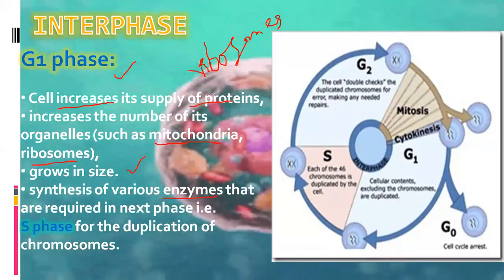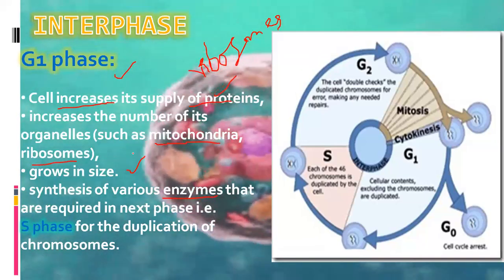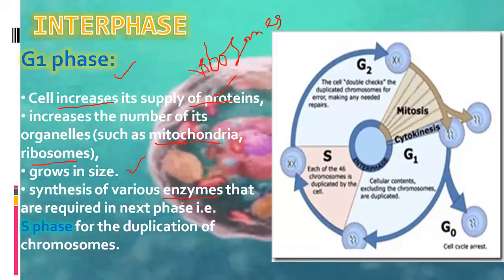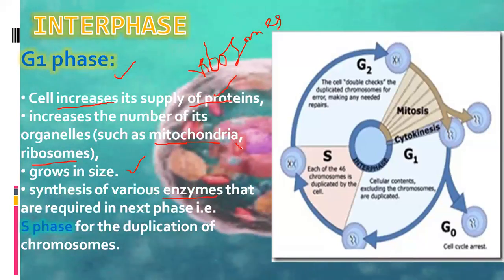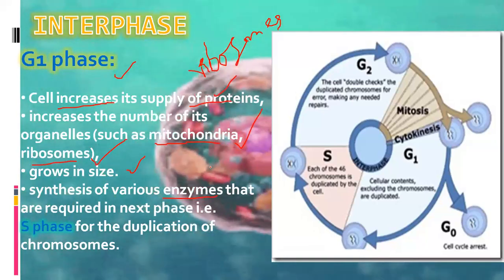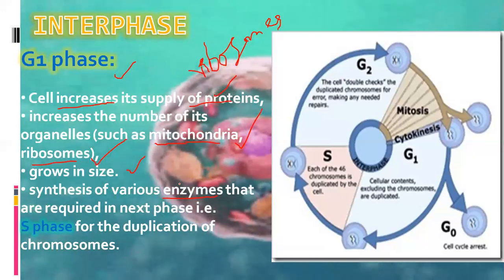Enzymes are also what? These are proteins. So when proteins increase, ribosomes are increased, and enzymes will also be increased because there is more energy production, more respiration, more protein synthesis. For these processes, the cell requires more enzymes because cells cannot perform their functions without enzymes. Enzymes are actually chemicals which are protein in nature.